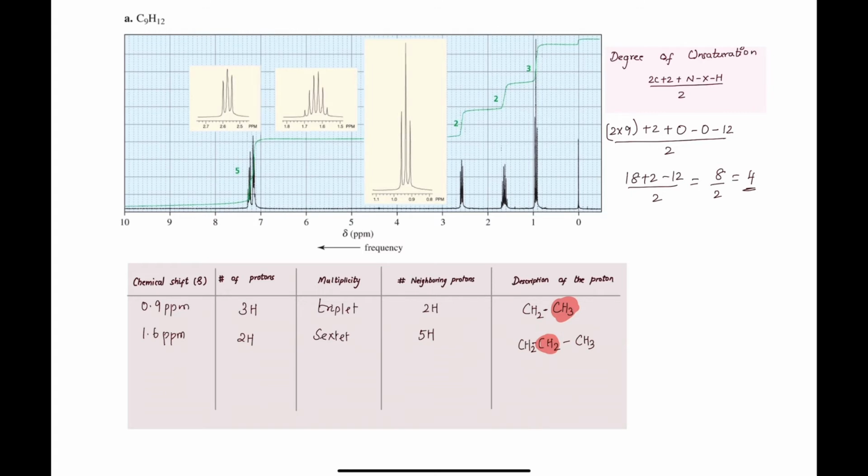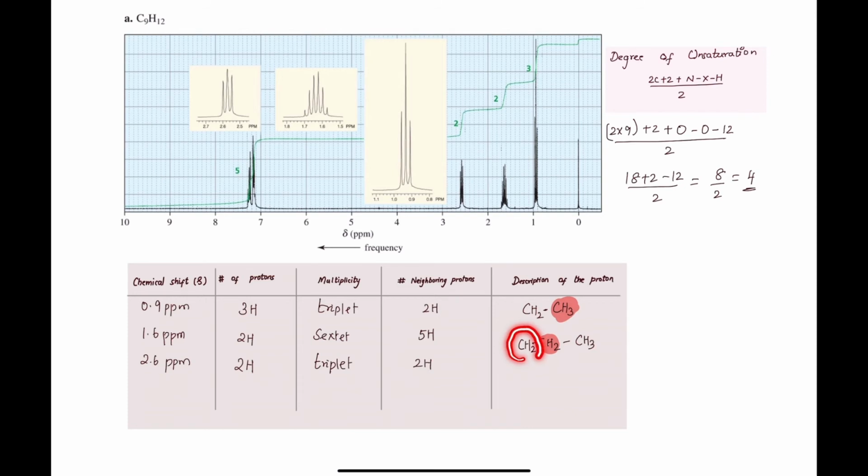If we go on to the next peak, it starts around 2.6 ppm, and the total number of hydrogens for this peak is 2 hydrogens. It is split as a triplet again: 1, 2, 3, which tells me there are 2 neighboring hydrogens.